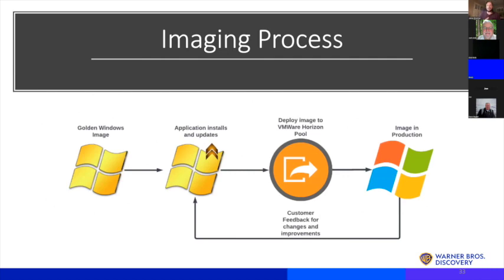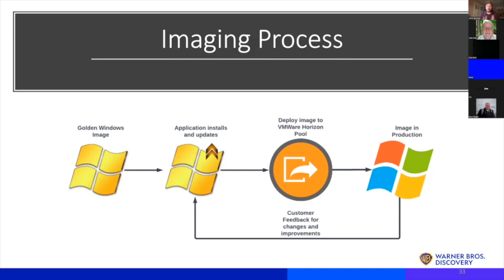So here's kind of an example of an imaging process that we would take from start to finish. We have to make a Windows image, and we turn it into something called a gold image that has the Horizon agent installed, VMware Tools installed, all the drivers installed for the graphics cards, and a suite of base apps. Well, we gold that out.